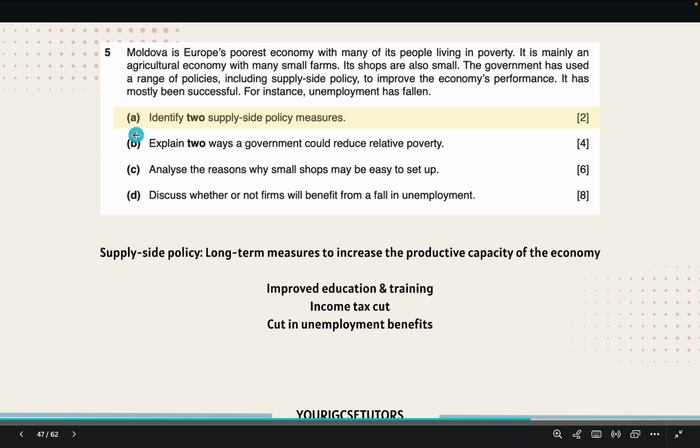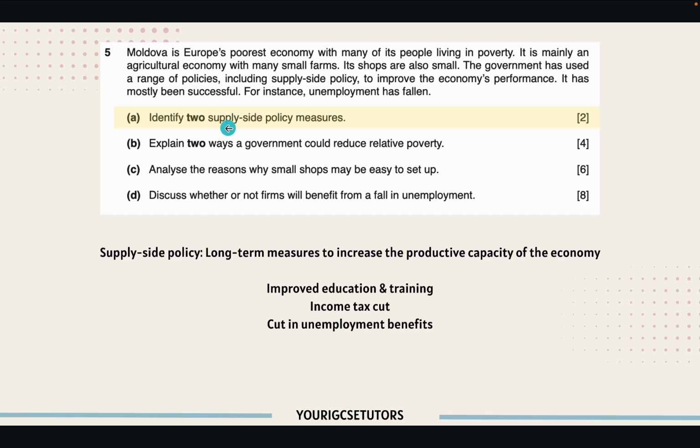Okay, so part A, identify two supply-side policy measures. First you need to know what supply-side policy is. It's the long-term measures to increase the productive capacity of the economy.